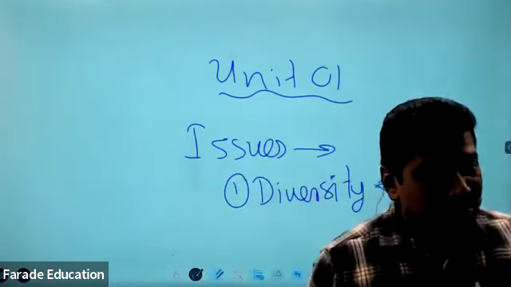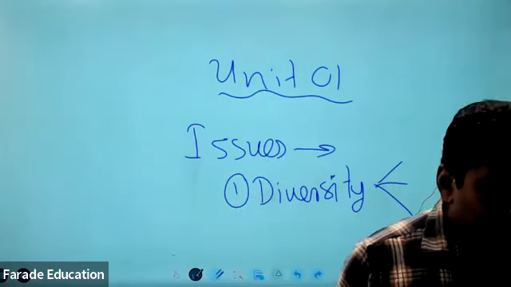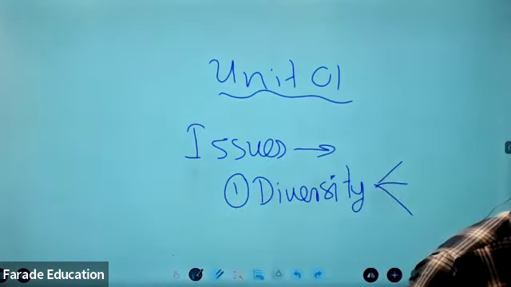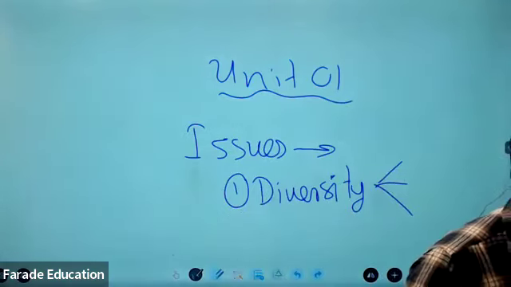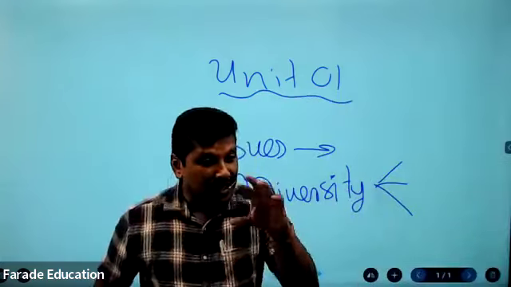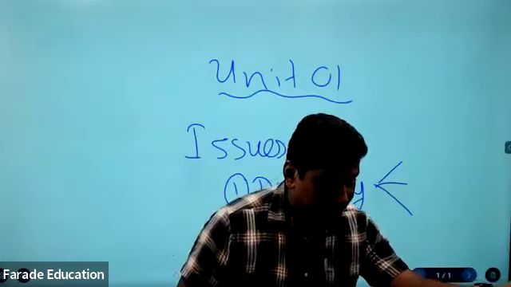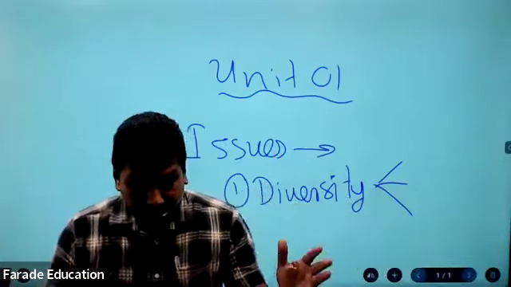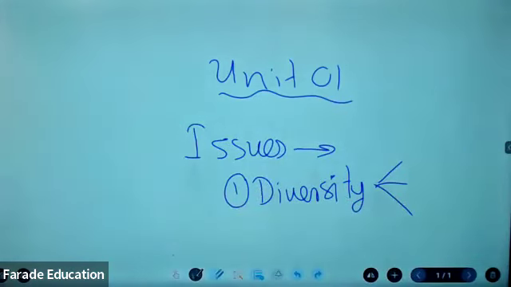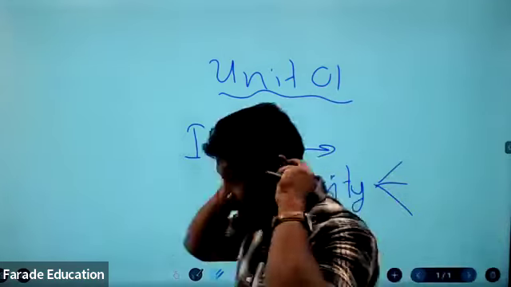What do you mean by species diversity? The variety between species. One species is different from another species. Every species on this earth, bioorganisms, this species is different from one to another. So that is called species diversity.